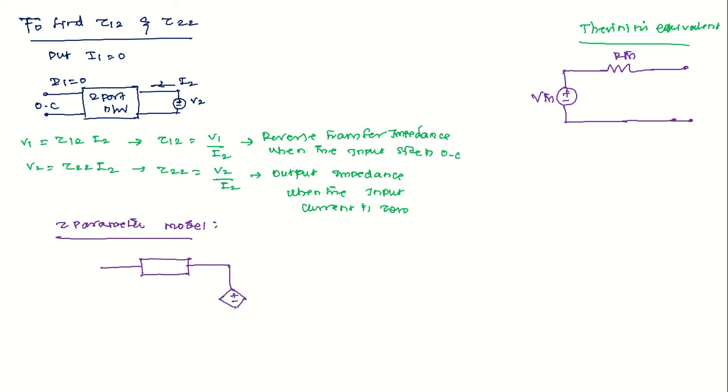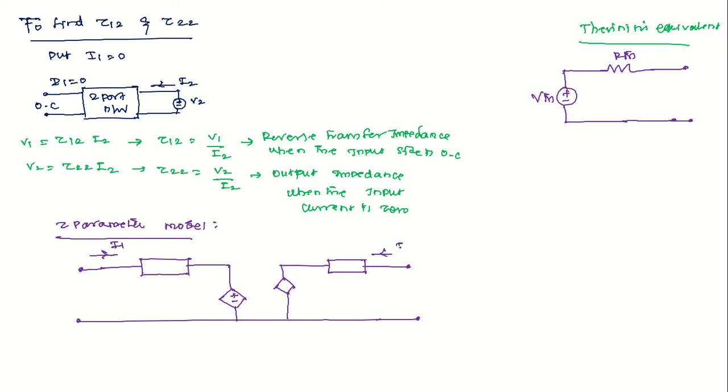So positive and negative, this is here, and here also you will have a voltage source. This is called your impedance. The current flowing on the input side is I1, and the current flowing on the output side is I2.